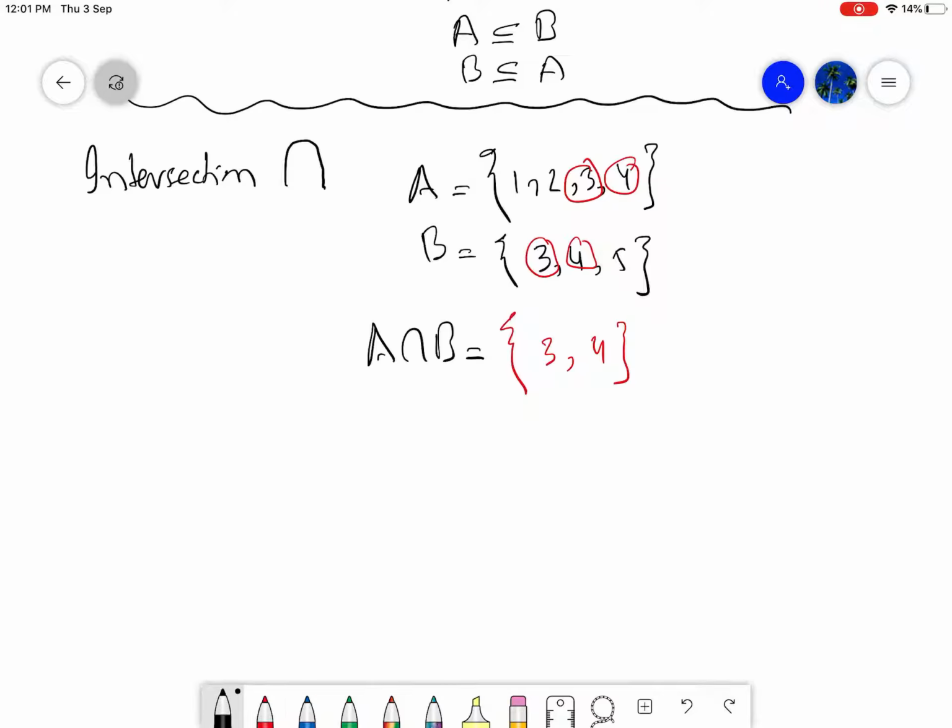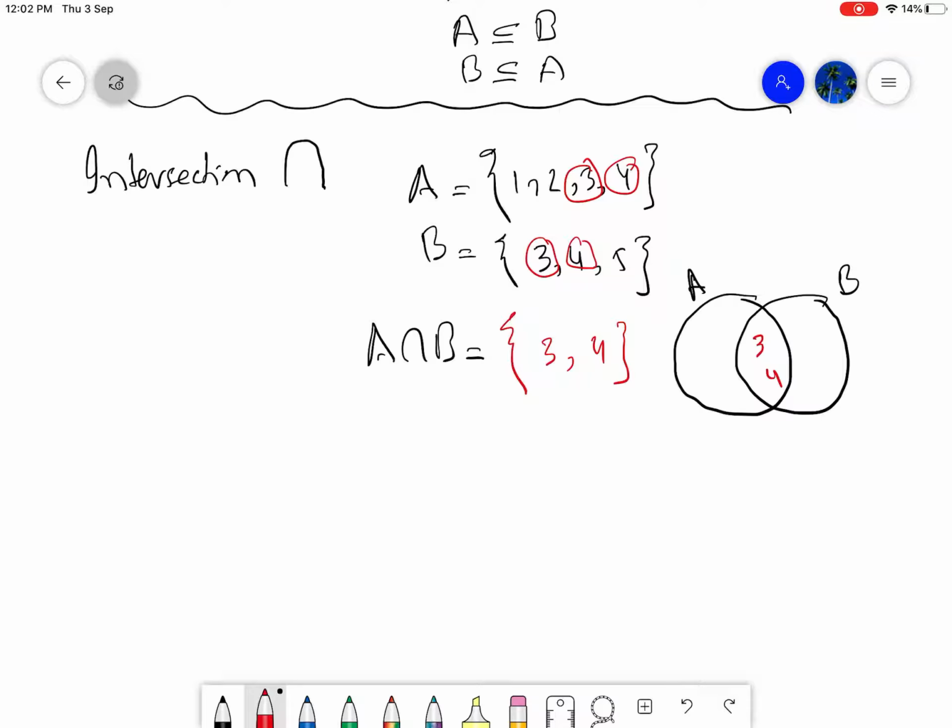If you want to draw a Venn diagram for that intersection, you will draw two overlapping circles. One is A and one is B. So this overlapping part basically is the common part for both of these circles. So your common elements will be represented in this overlapping part.